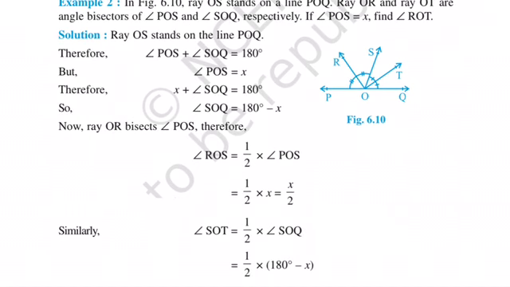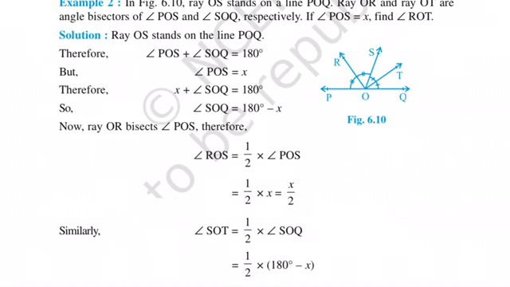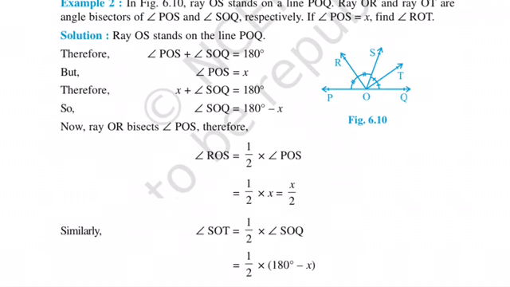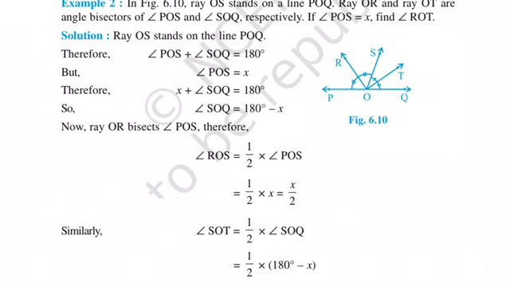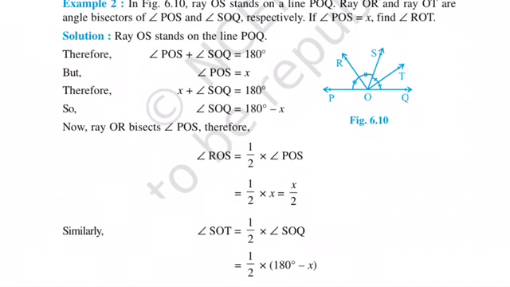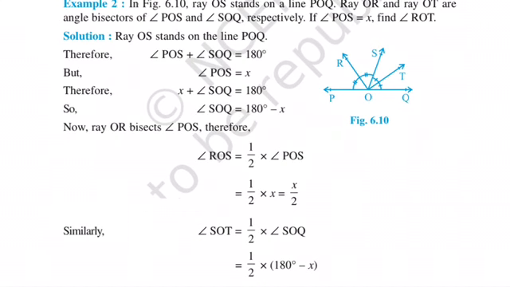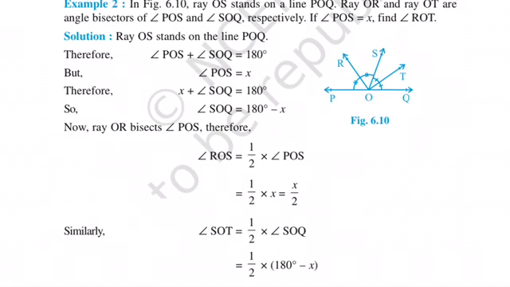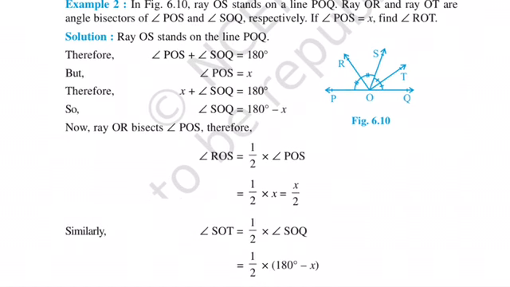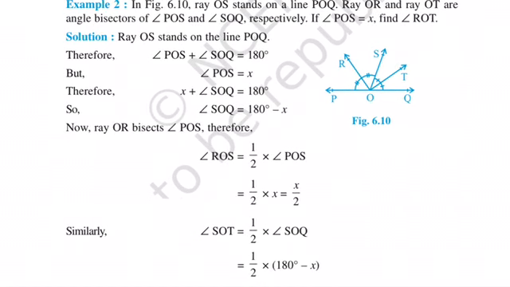Okay. Now here what has happened? The angle POS is equal to x and angle SOQ is equal to 180 minus x. Now we know these two angles are different. Okay. Now what is the question saying? Ray OR bisects angle POS.